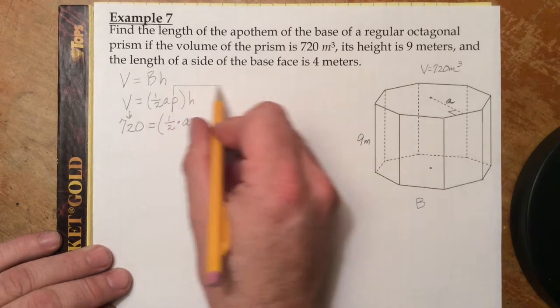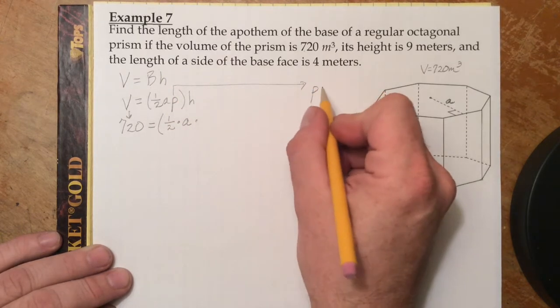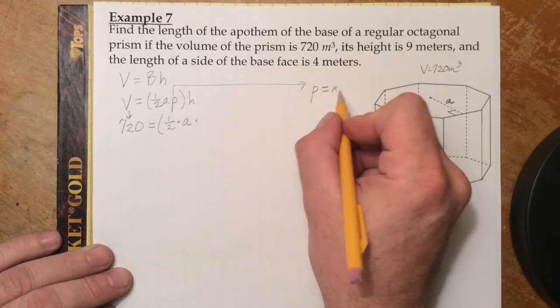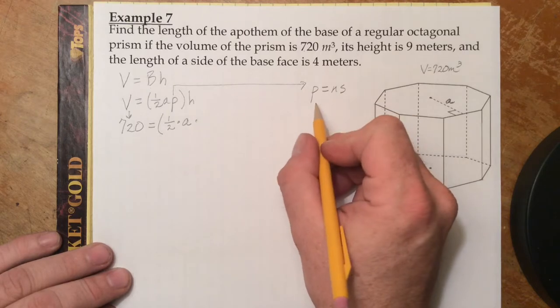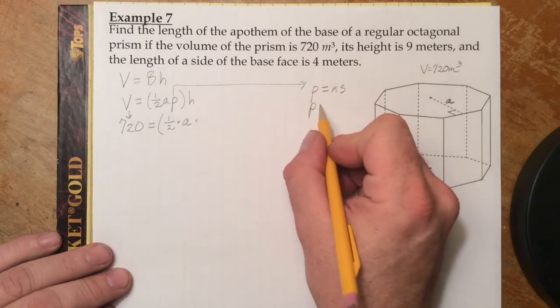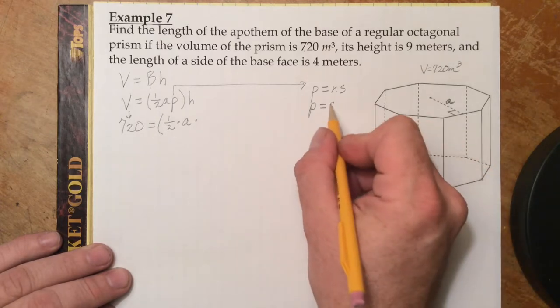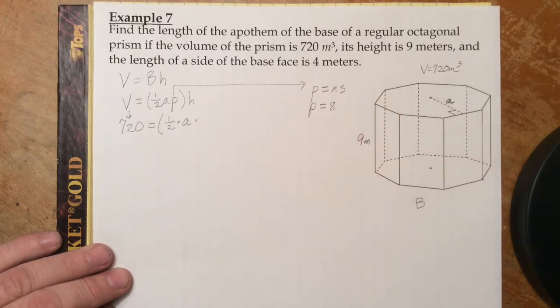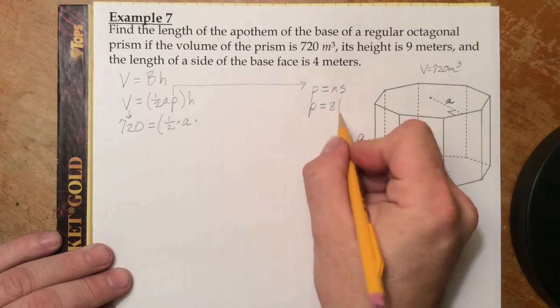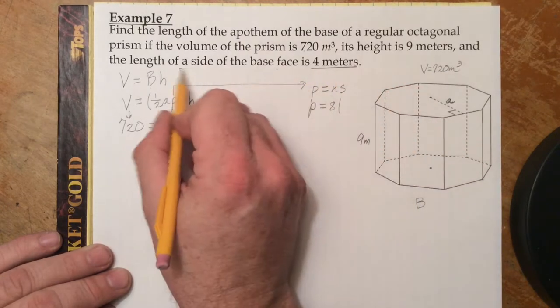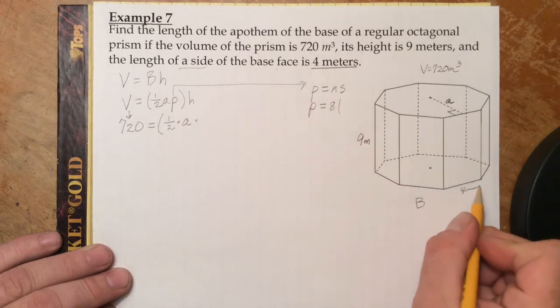Now p is the perimeter, so we come over and find the perimeter. The perimeter of the base face, it's a polygon, so it's n times s, the number of sides times the length of a side. So the perimeter is equal to the number of sides, which is 8, times the length of a side, which is 4 meters.